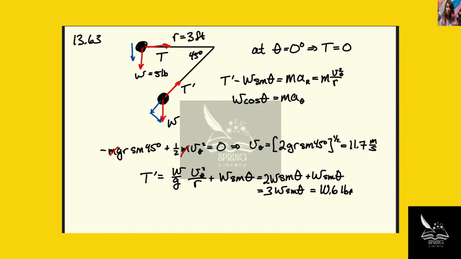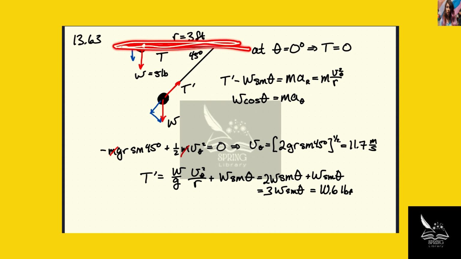What we don't know is this velocity, so we need to figure out what it is. That is the total velocity of the bob, because there's no velocity in this direction, so we can use conservation of energy to figure that out. If we measure energy with our datum from up here, we've lost some potential energy and gained some kinetic energy, and that has to be 0 since the velocity at this point was 0.